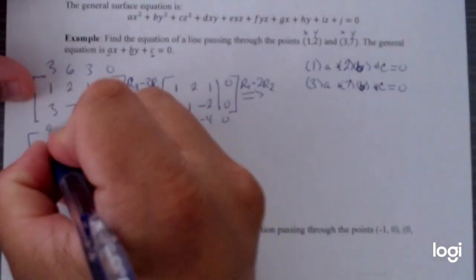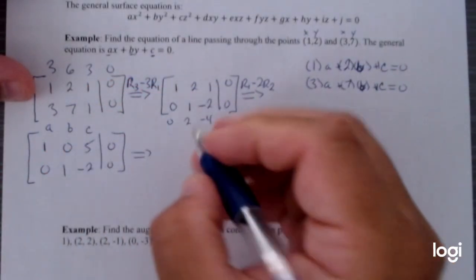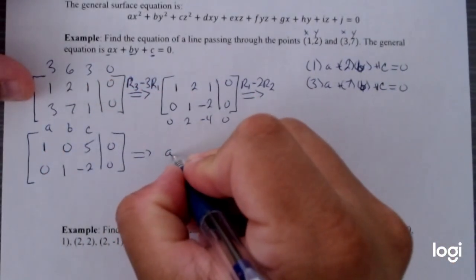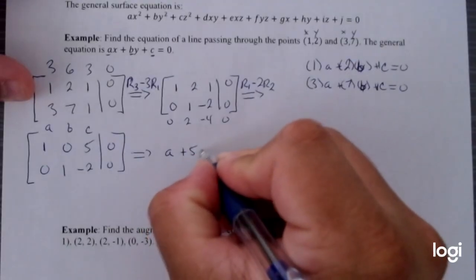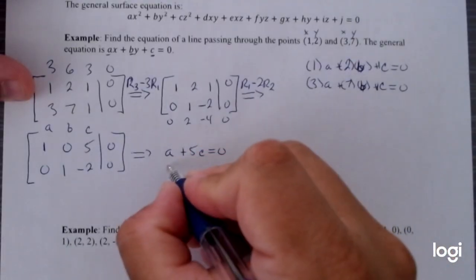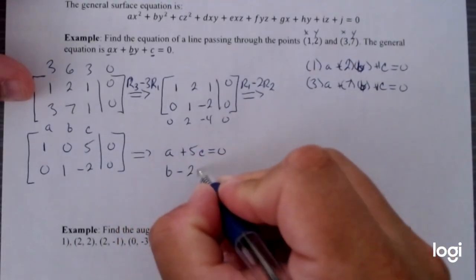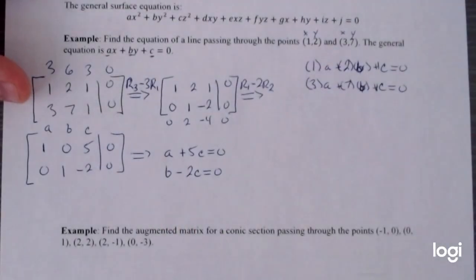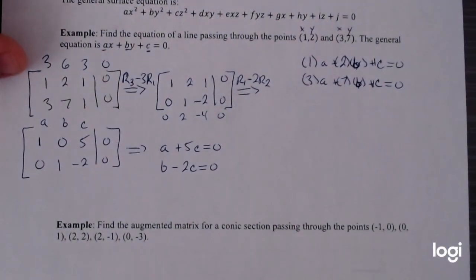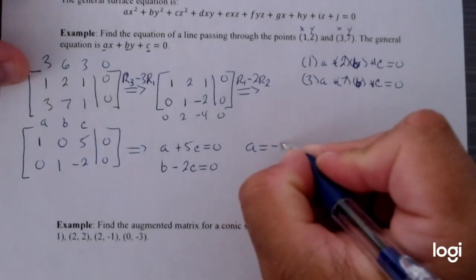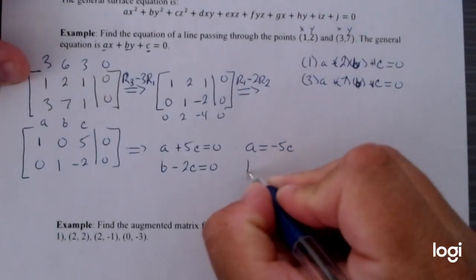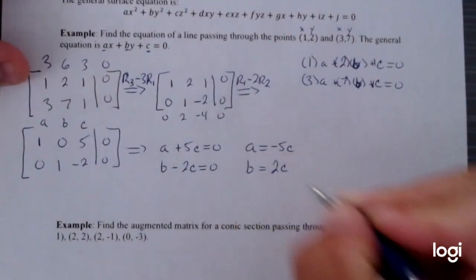So remember, this is going to be A, B, and C. So we have A plus 5c equals 0, and we have b minus 2c equals 0. So we have a is equal to negative 5c, and b is equal to 2c.